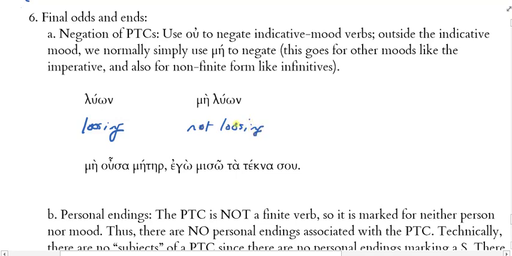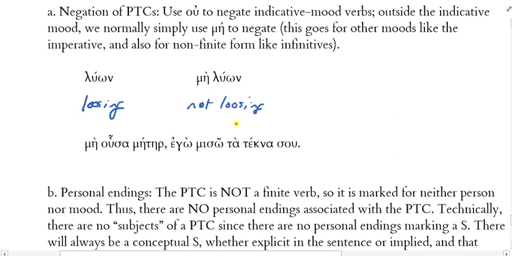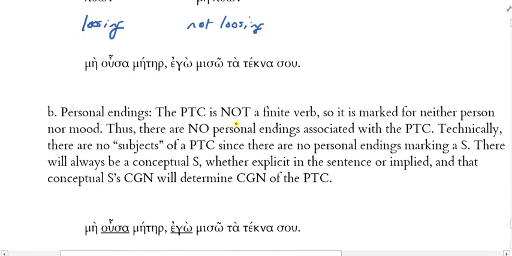Not loosing. Over here, we have a similar sentence to what we just did a minute ago, but it's mē ousa mētēr. What does that mean? Yes, not being a mother. What? Yes, I hate your children.